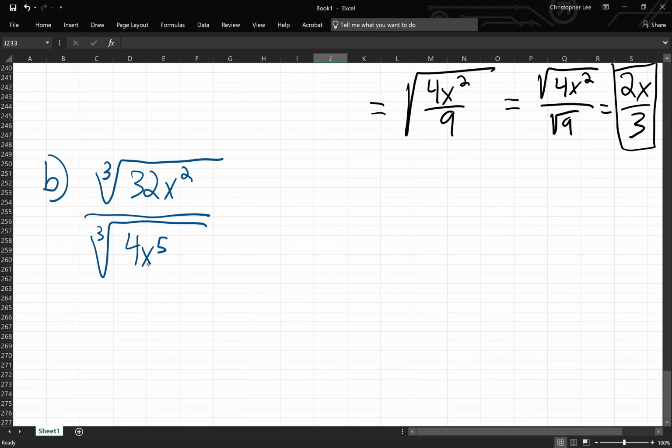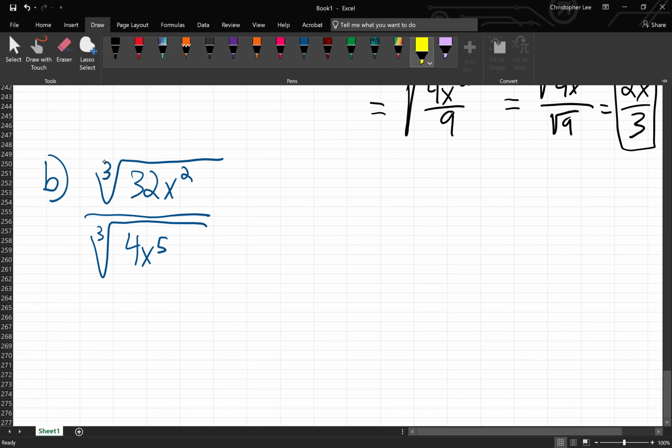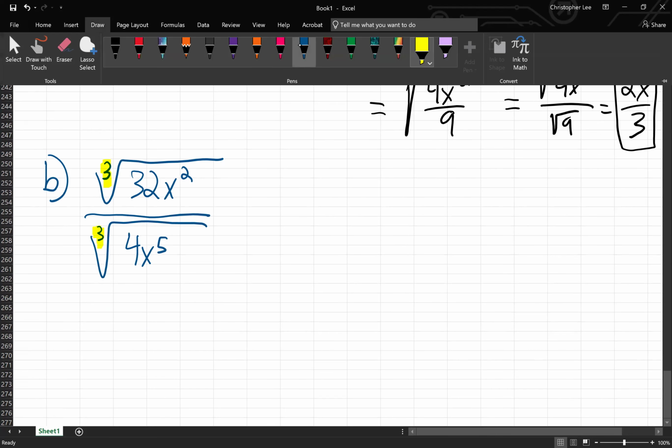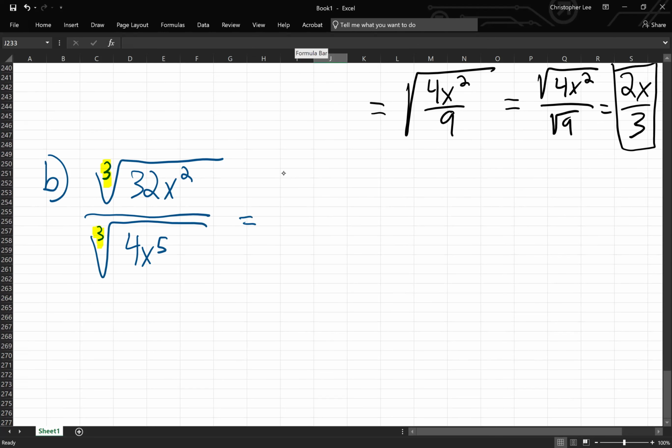Now I'm telling you, because this fraction has the same index on the top and the bottom, I can write them both under the same radical. So it should become the cube root of 32x squared over 4x to the fifth. Now it's easier for me to reduce the fraction on the inside and then do the root.